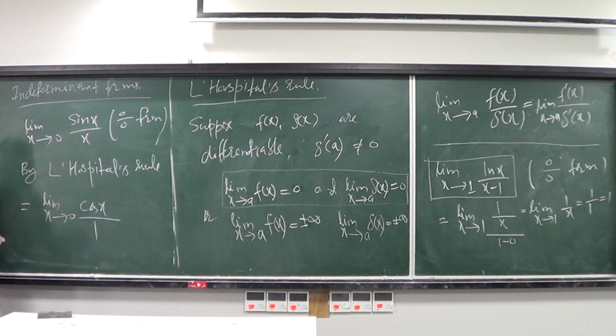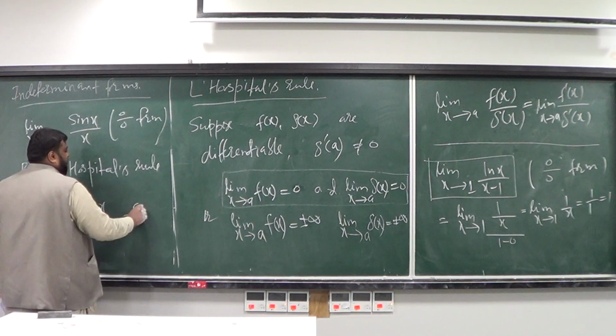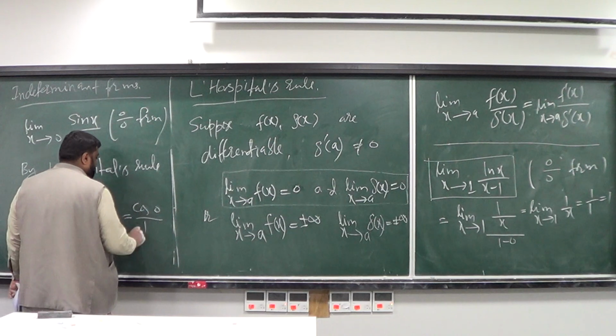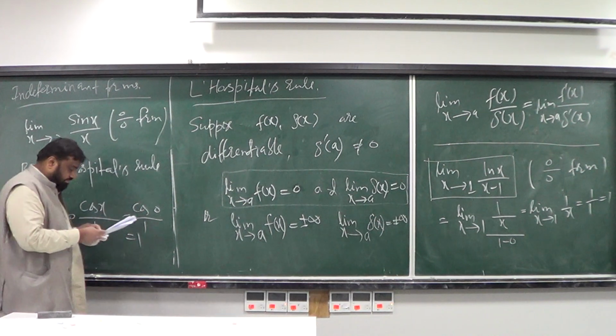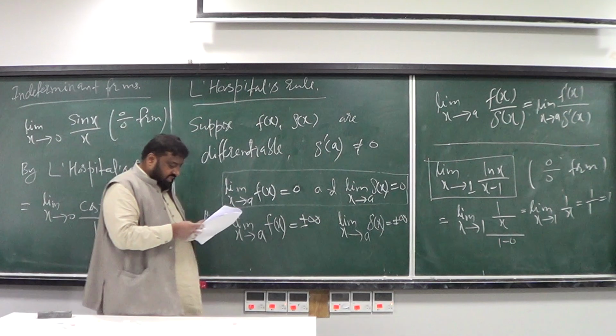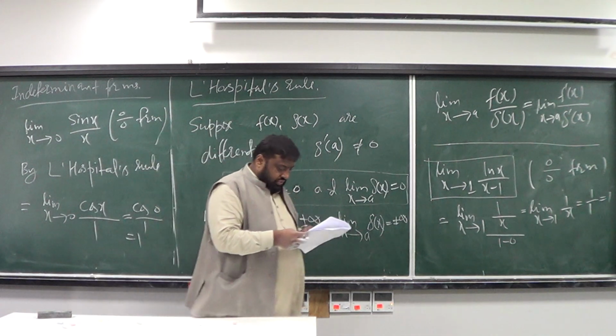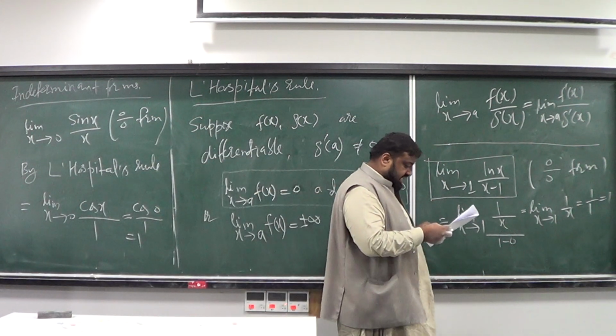If you substitute the limit, you get cos 0 by 1, so this is equal to 1 actually. So you get the indeterminate form, and the limit of sin x by x is 1. That's how you can do this interesting thing.